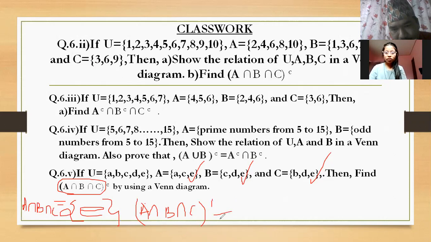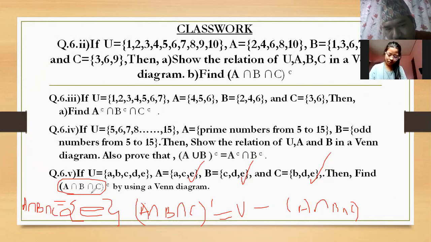By formula you can use like this: universal set minus A intersection B intersection C. You have to draw the Venn diagram and identify which is the common of all, and find the answer of A intersection B intersection C complement. Means we have to write the answer which is except the common of A, B and C. Okay, children?